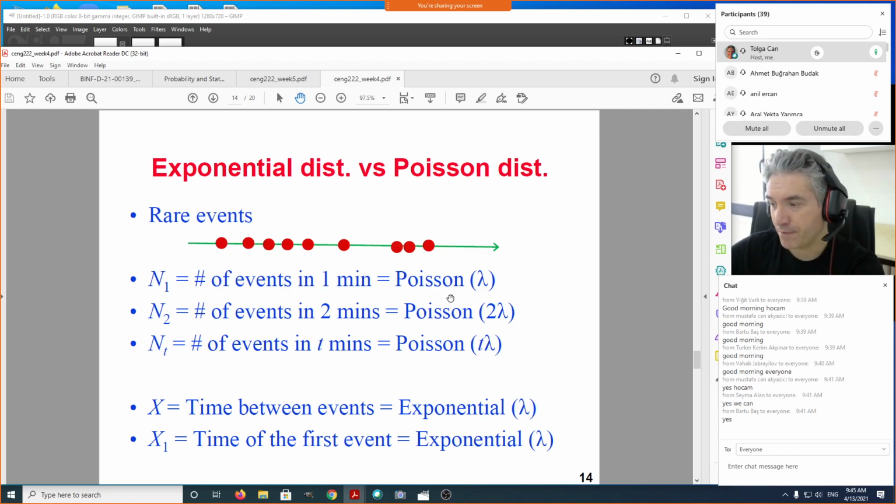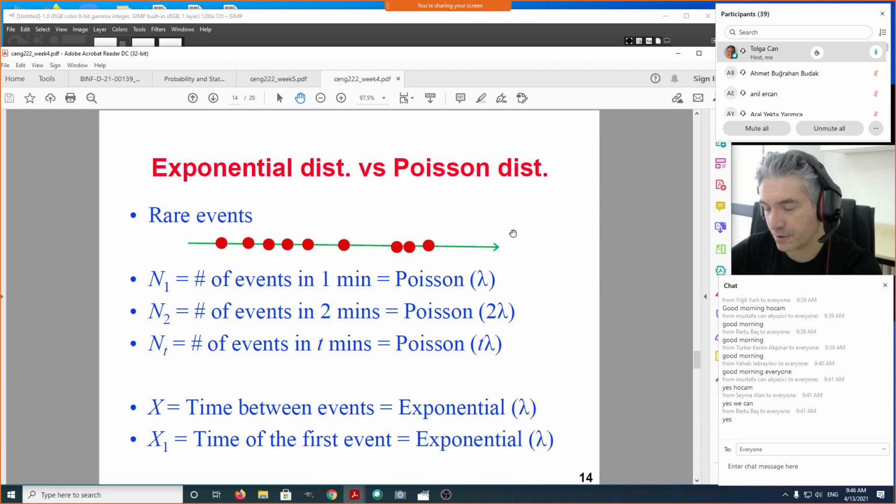But usually when you have rare events, and again this definition does not mean that it has to happen once in a year or once in every 10 years. The definition of rareness is that we don't expect 2 events to happen simultaneously at the same time. So there is some time interval between 2 events. Such events can be considered as rare events.